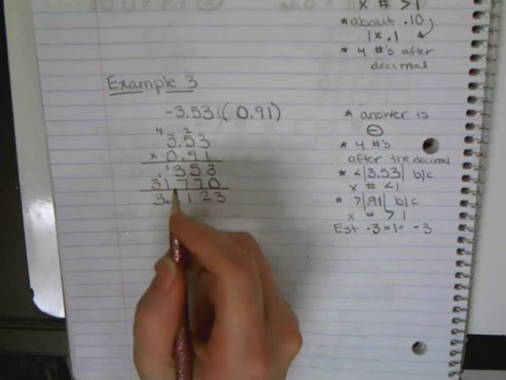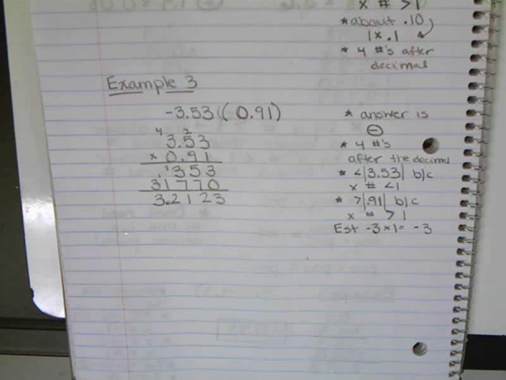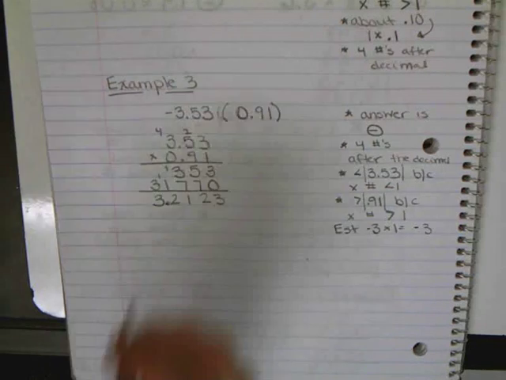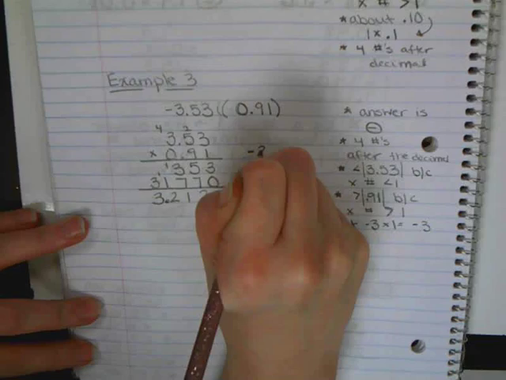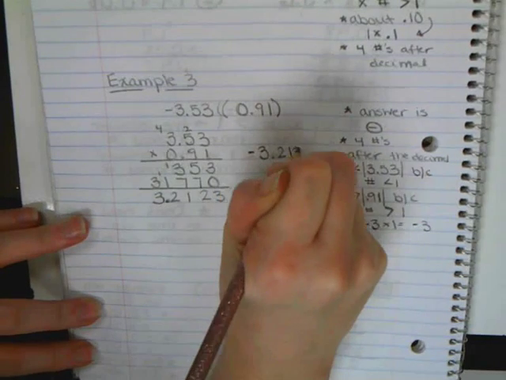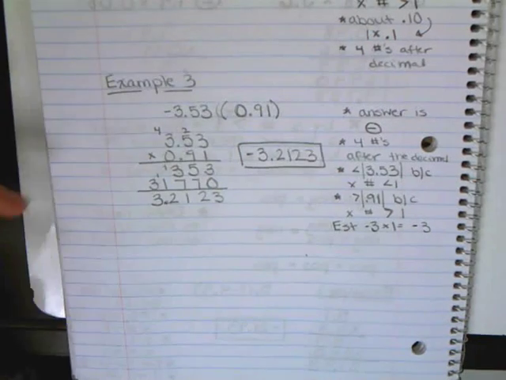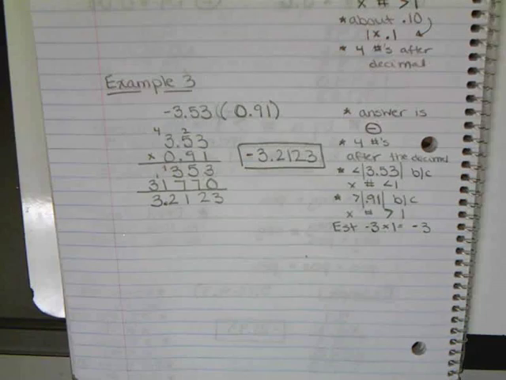Yes, in front of 4 numbers, but according to the estimate, it's going to be about 3, so it makes sense to go between the 3 and the 2, so that is about 3. Then we can check ourselves. Are there 4 numbers after the decimal? And that's what we know there should be from our problem. Am I done? No, I need to make sure that my answer is negative. Negative 3 and 2,123 ten-thousandths.